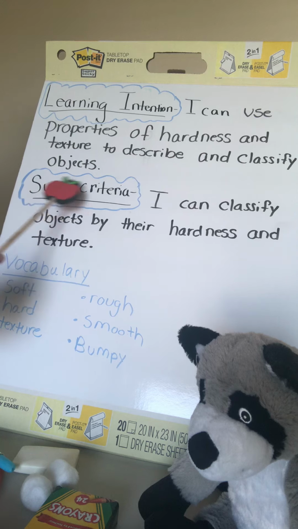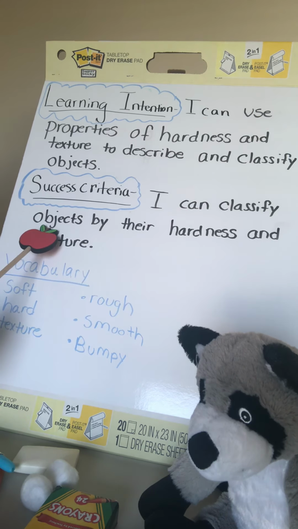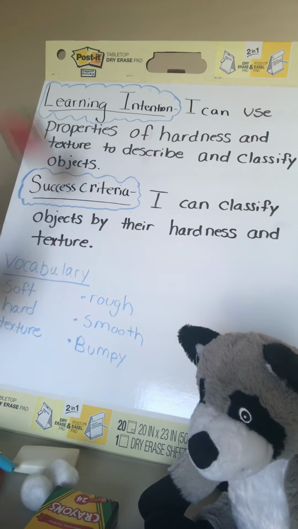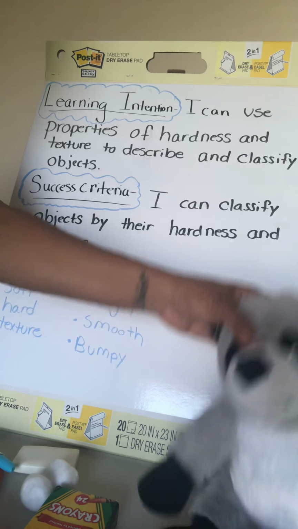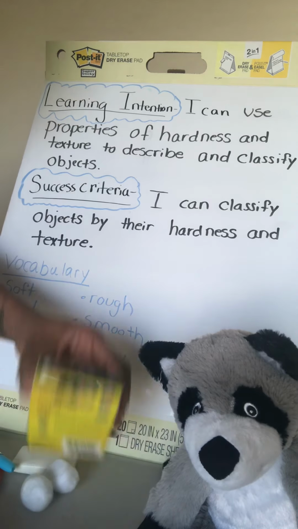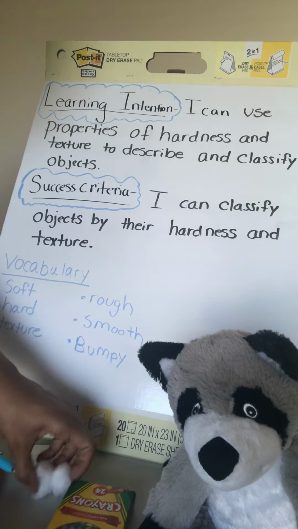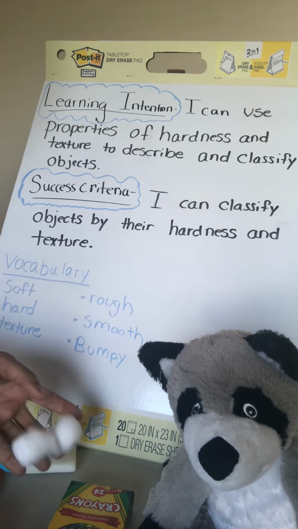Success criteria: I can classify objects by their hardness and texture. What are objects? Things around the house that you have. These are objects. Or things in the classroom. I brought some objects with me, and we're going to talk about that in a few.